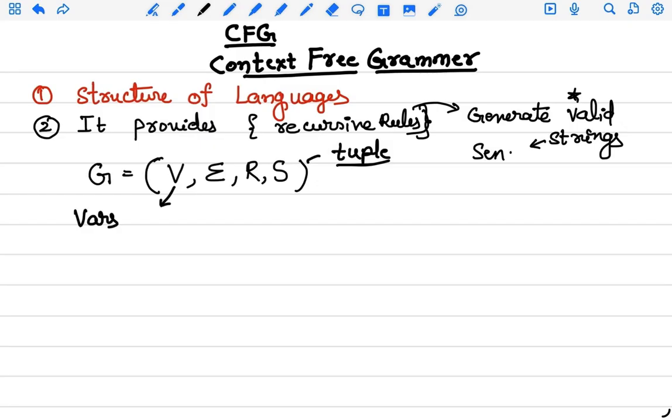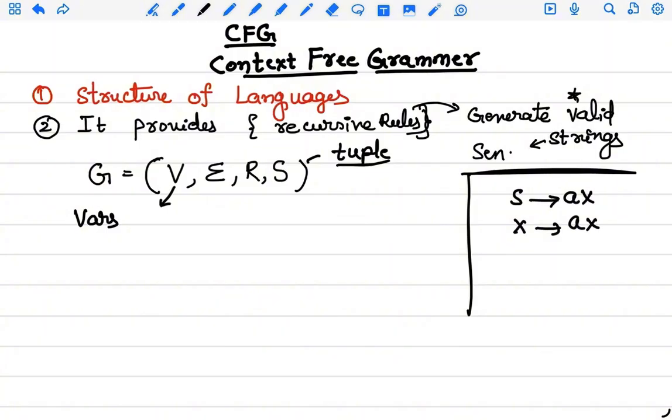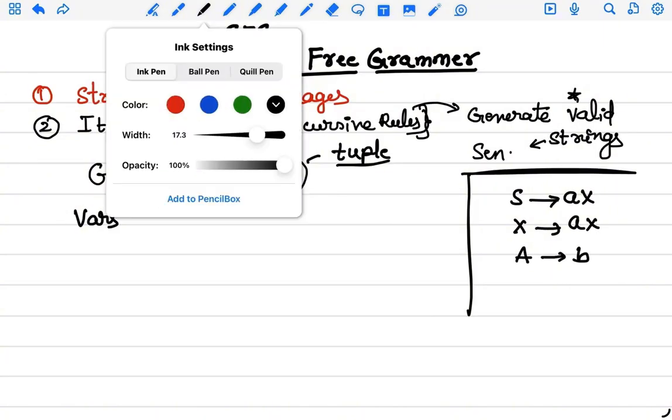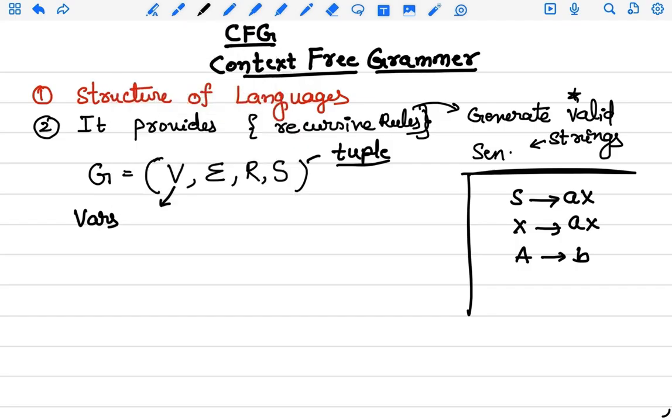So what are these variables? For example, in relation to our subject, S tends to AX, X tends to AX, and capital A tends to B. These are variables, friends. This green color are variables. S, X, A are the variables.